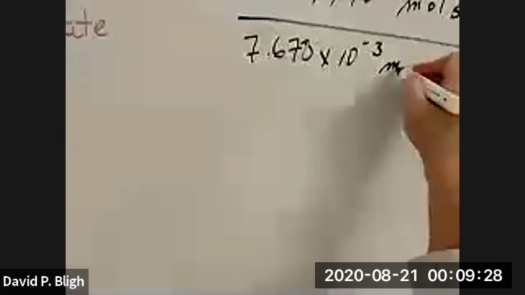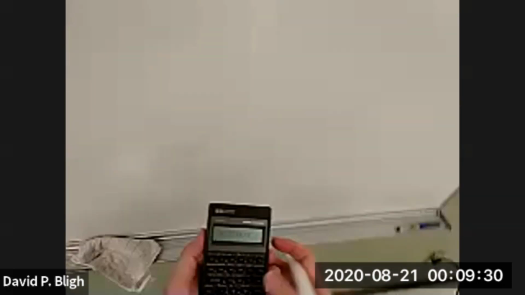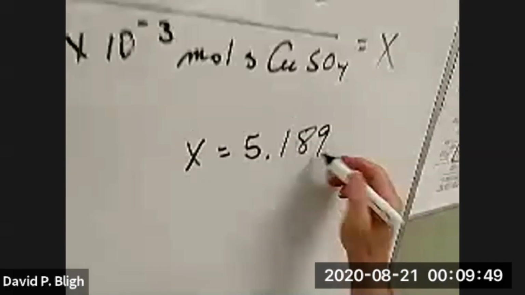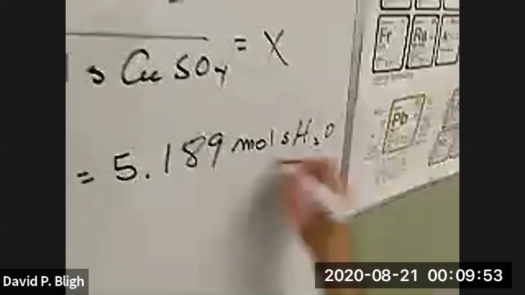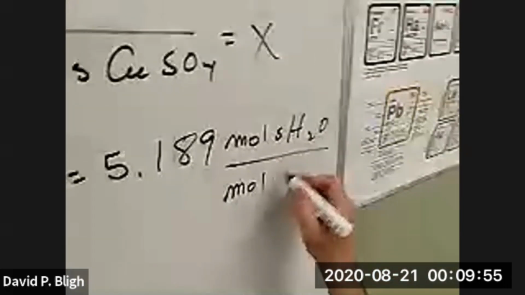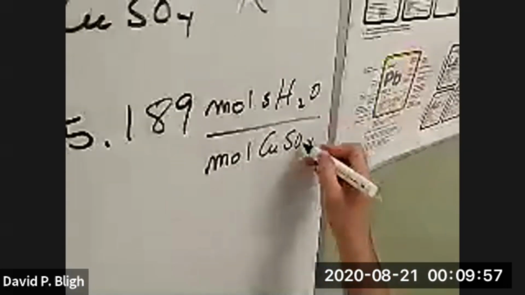Okay, let's do that. 8.9 moles of water per mole of copper sulfate.